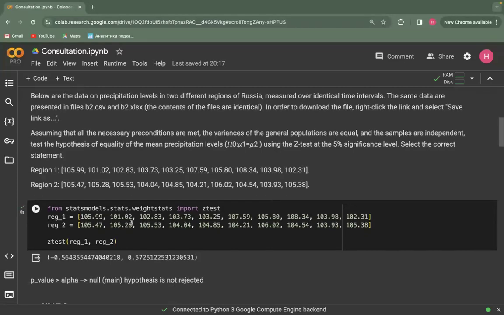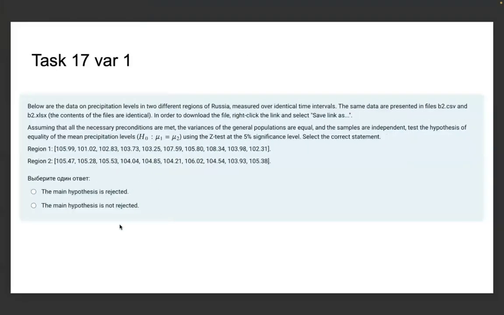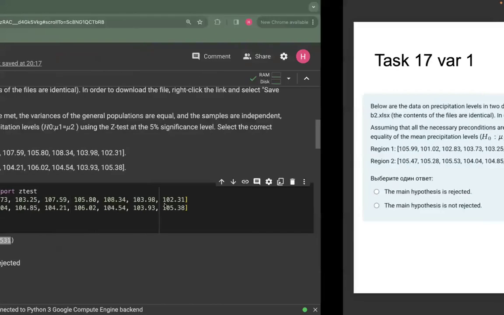So we calculate the test. Here we have 0.57. Does anybody know what we have to do after this? The task is to check whether the hypothesis is rejected or not rejected.